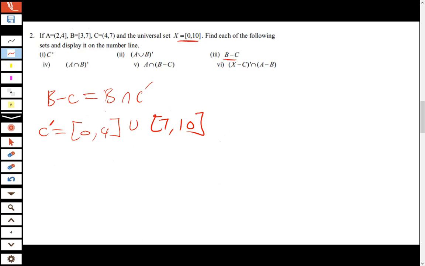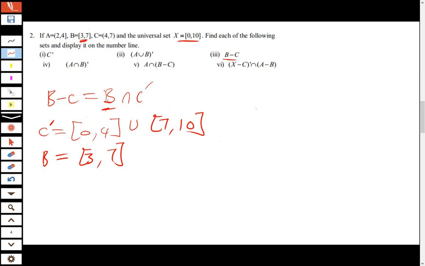Now we intersect it with B. We know that our B is simply just [3,7]. It's given in the question. So we find the intersection between these 2 sets.